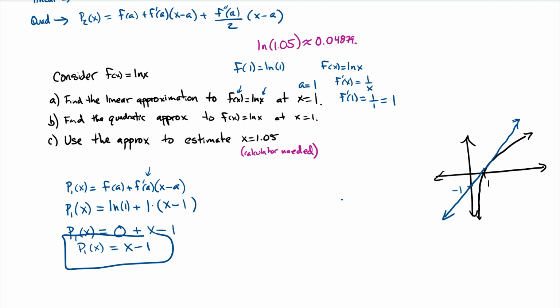So there's our p sub 1, which is x minus 1. It gives us a pretty good approximation because it hits right at the same spot. That is the slope of the tangent line to the natural log of x. That's the equation of the tangent line at x equals 1.